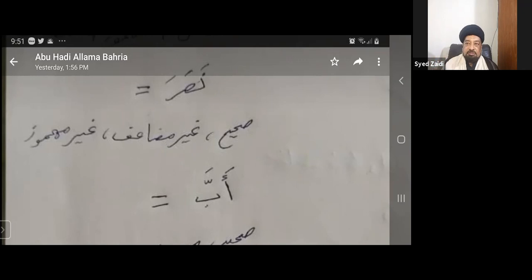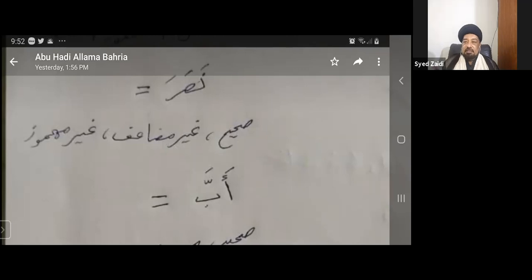This word is mahmuz, right? So you write the word mahmuz. Do you find any of those letters, alif, waw, or ya in it? This is, by the way, hamza, not alif. Therefore, this word is sahih also. Hamza is there, it makes it mahmuz. And if you open the word abba, it is actually ababa.